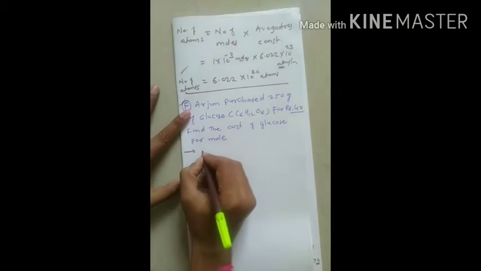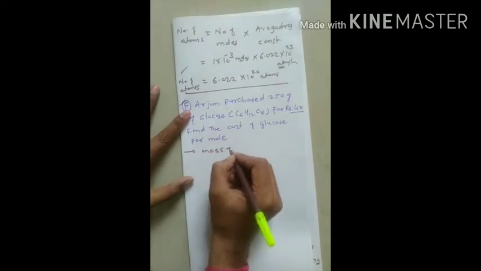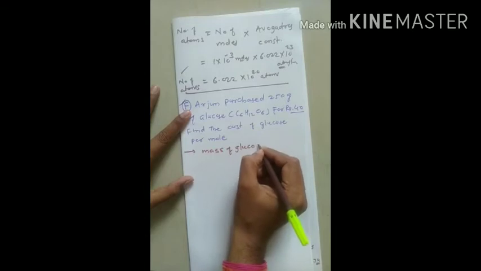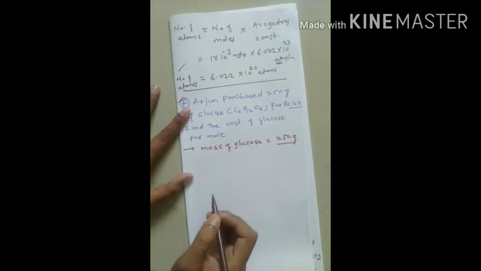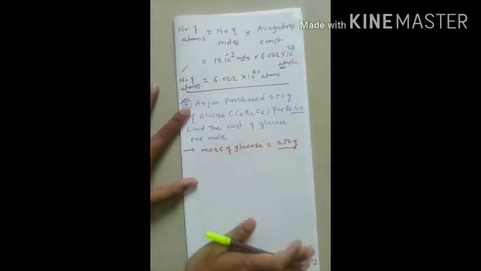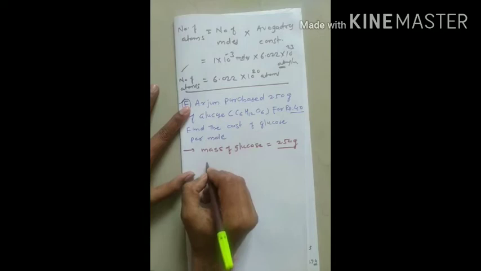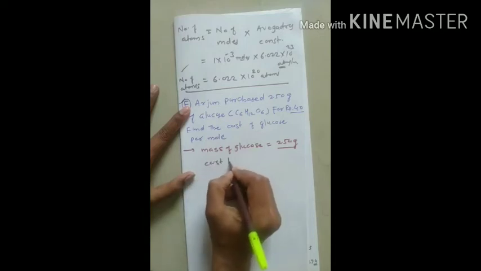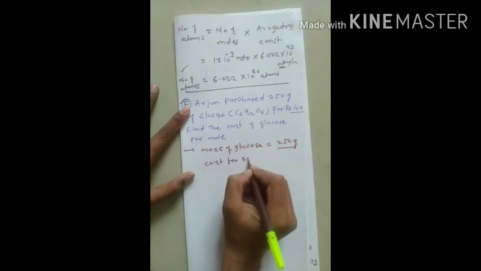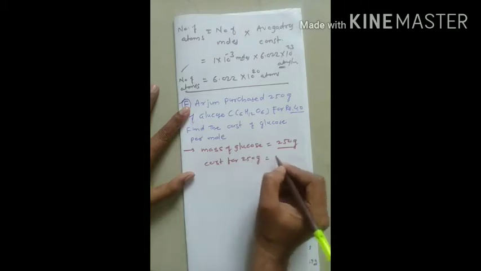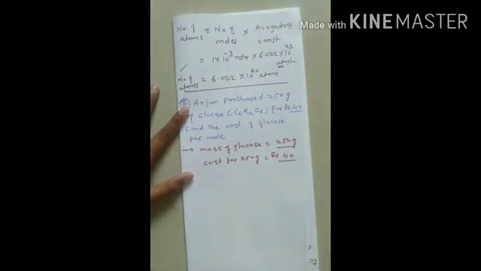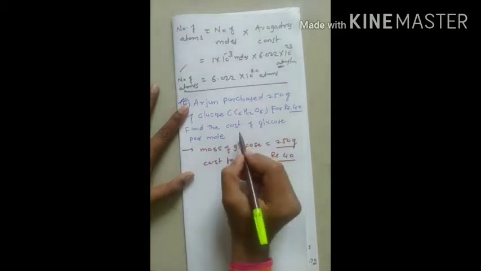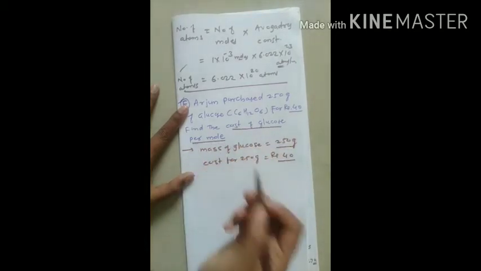So I am writing here, mass of glucose is 250 gram, and the cost for this 250 gram is 40 rupees. So this is the data which is given in your question. We have to find out the cost of glucose per mole here.